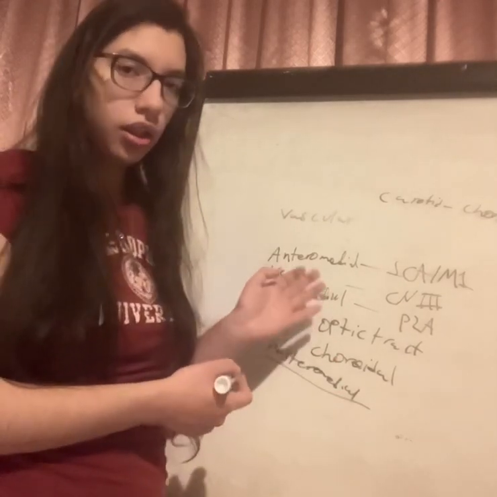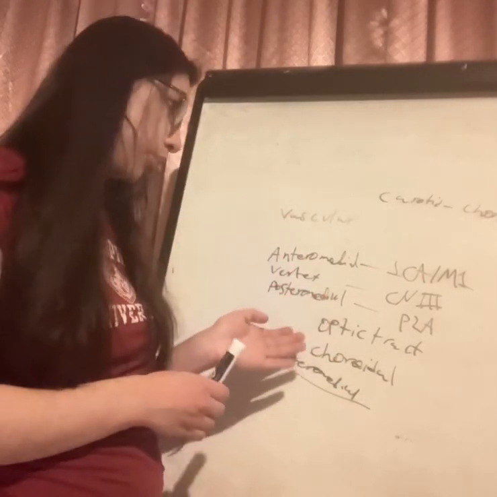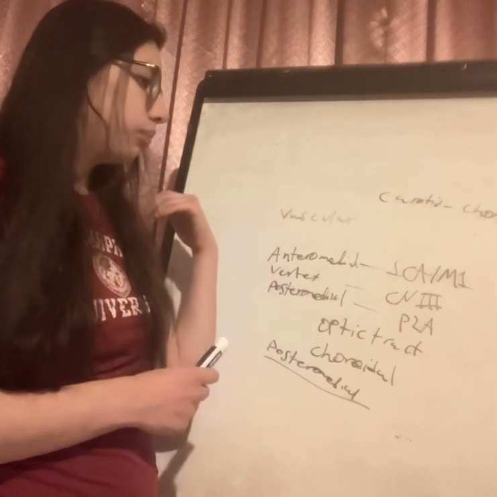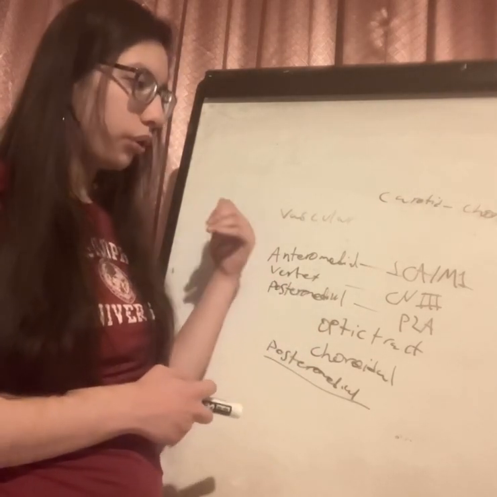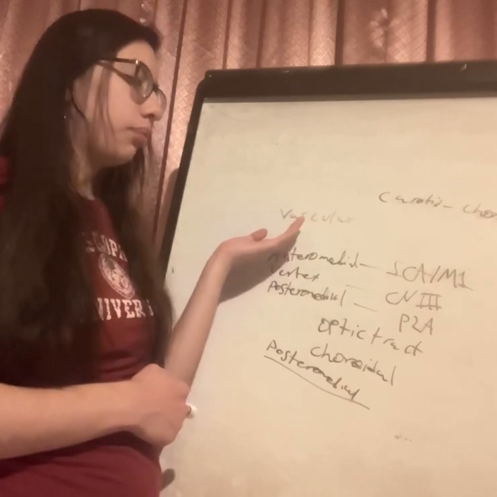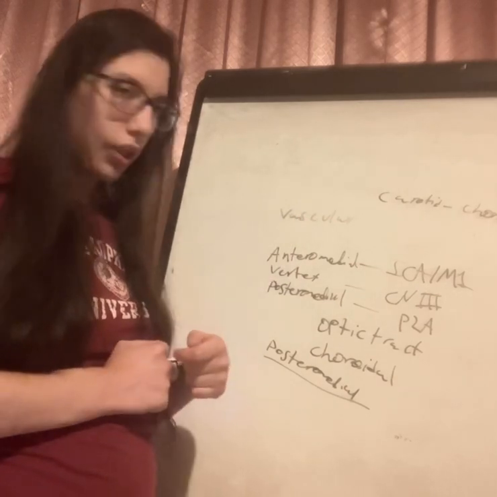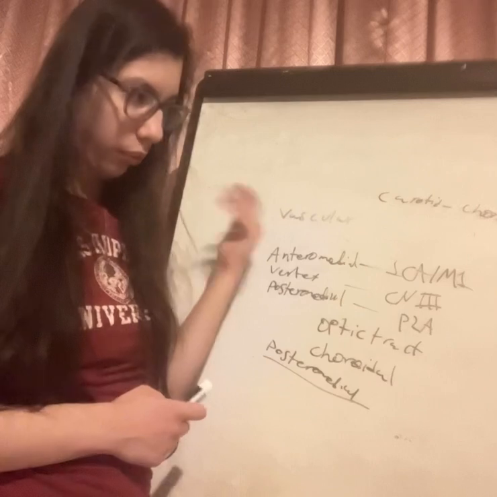Between that line is almost the entire uncus. If we go above that line, we can damage the globus pallidus, so it's not recommended to go above the line.